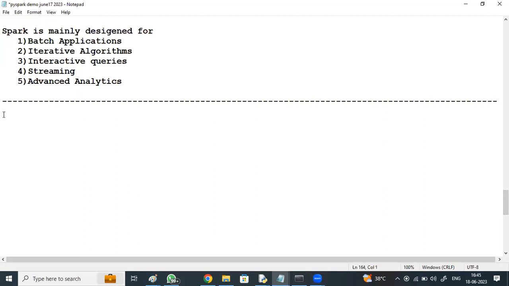So observe, right? Hadoop and Spark. Drawbacks of Hadoop MapReduce, and you can see everything as advantages in Spark.